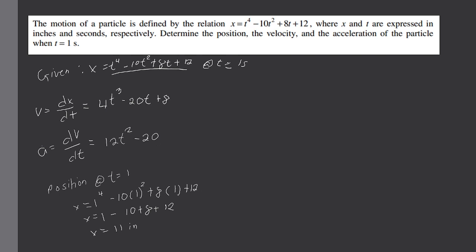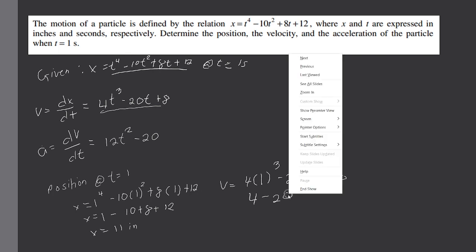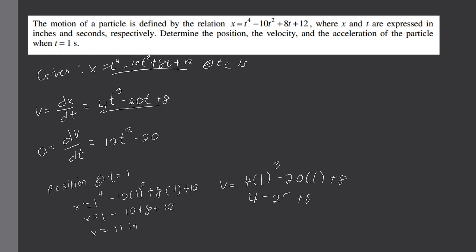Now the velocity, using this equation, v is 4t cubed minus 20t plus 8. With t equal to 1 second, we have 4 minus 20 plus 8.